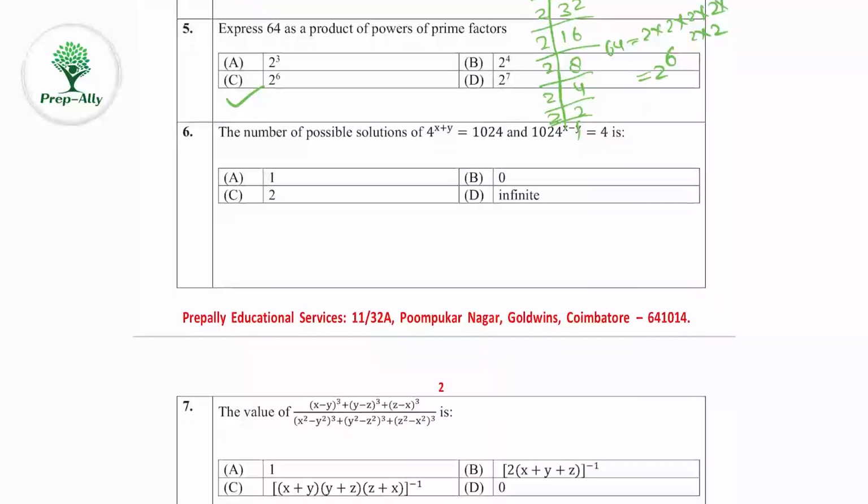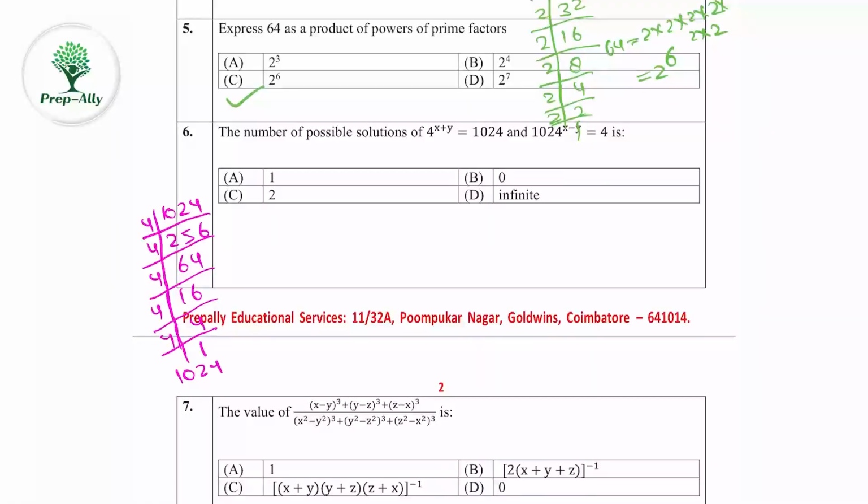Now question number 6: the number of possible solutions for 4 raised to the power x plus y equal to 1024 and 1024 raised to x minus y equal to 4. Here we do the prime factorization of 1024, and I want to write it as a power of 4. If I divide 1024 by 4, we get 256, again by 4 we get 64, again by 4 we get 16, again by 4 we get 4, and again by 4 it is cancelled out with 1.